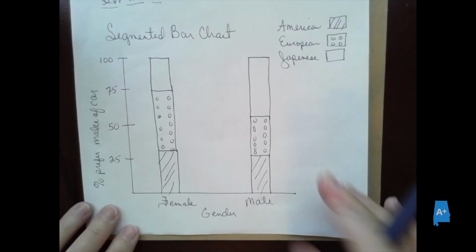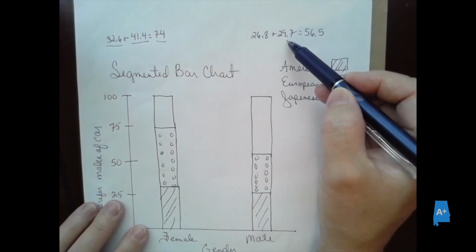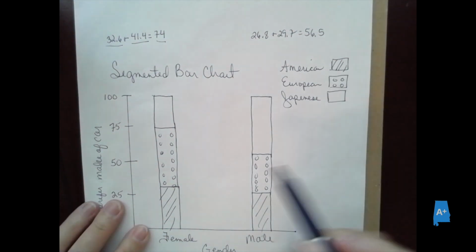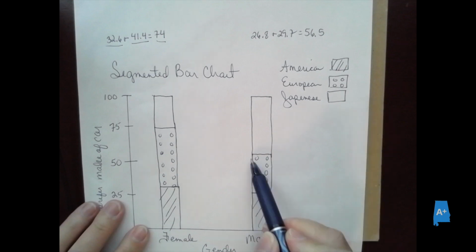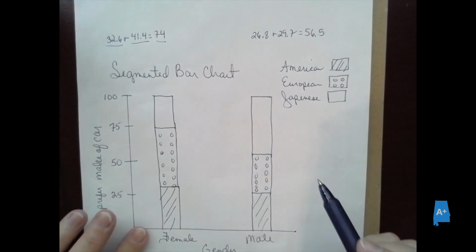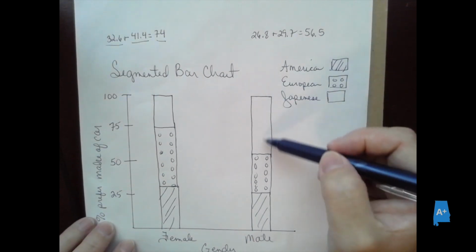Same thing over here. My American was 26.8, and if you add the next percent, that gives you 56.5. So the top of this piece should be around 56.5, and it's not perfect, but it's over 50. Could be a little higher. And then if you add the 43.5%, that should give you 100.